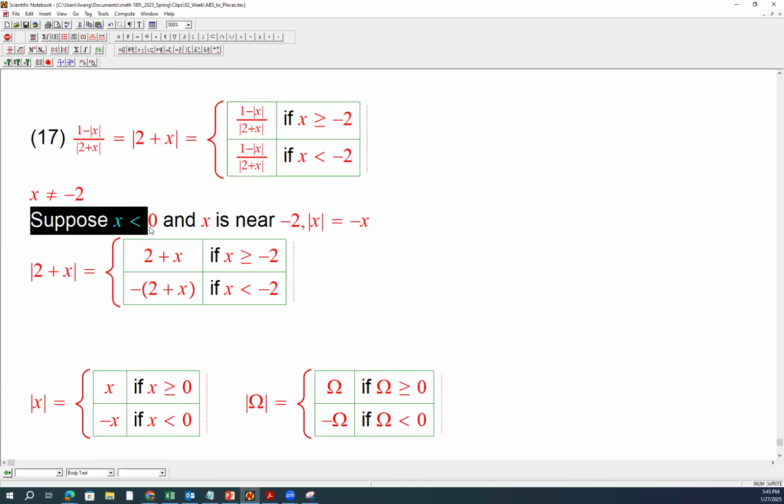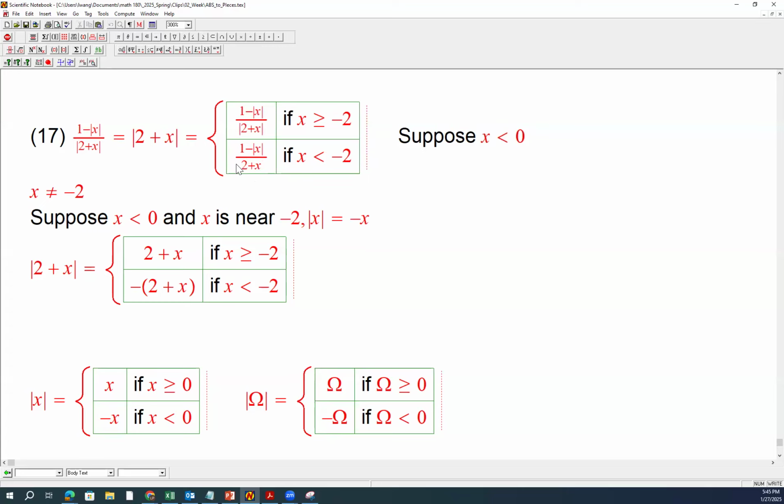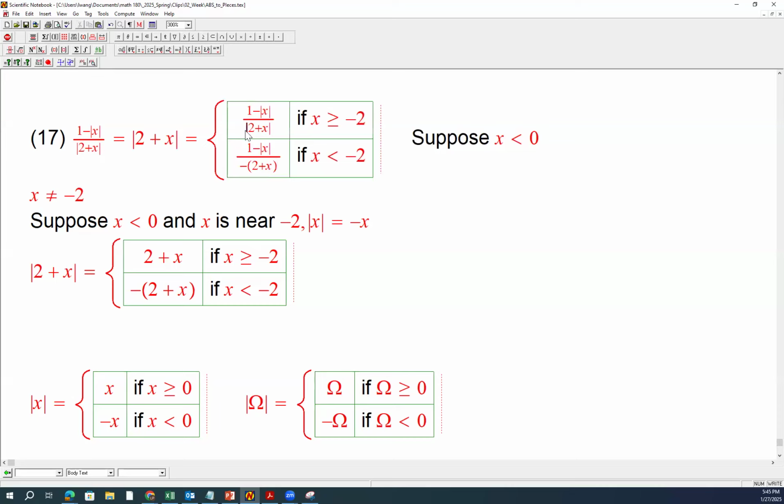So under the circumstances, the absolute value of 2 plus x when x is less than -2 is going to be negative, negative 2 plus x inside parentheses.